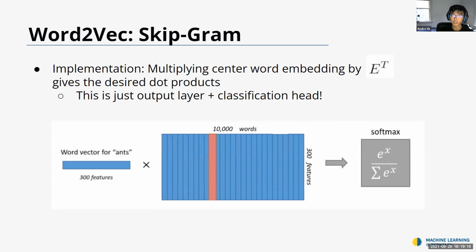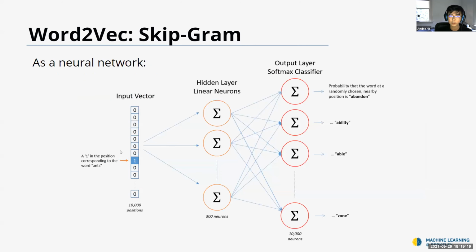So remember, when you feed this vector in and you compute all the weights between the input and the hidden layer, what you'll get at the hidden layer is that each neuron will have the value of one entry in the word embedding of this word.